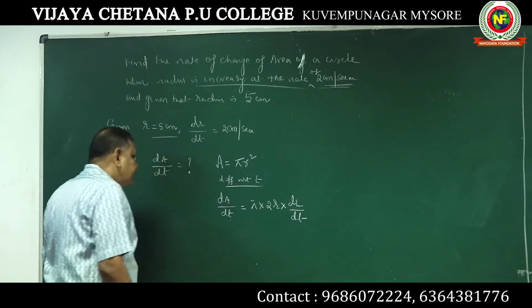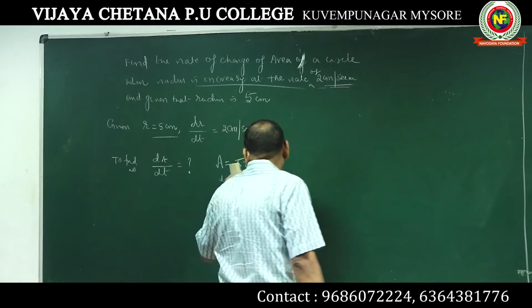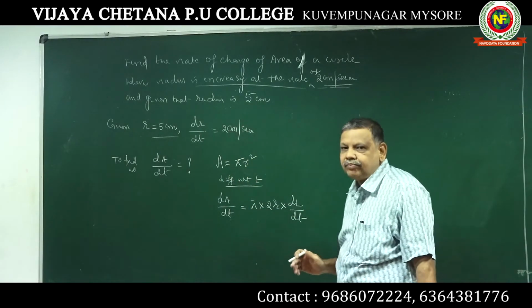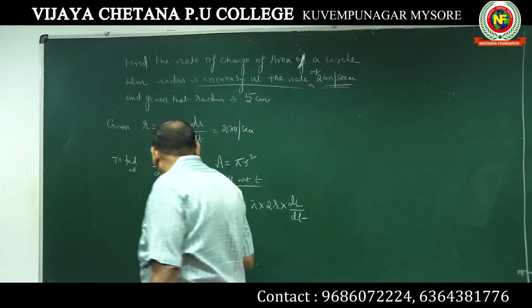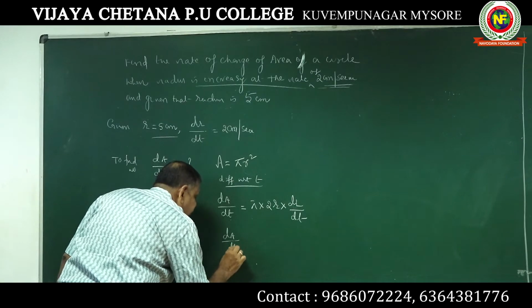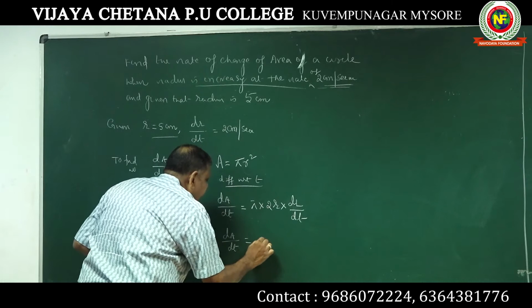Very important thing: dA by dt when you differentiate is equal to pi into 2r into dr by dt. We are differentiating with respect to the time. So dA by dt is 2 pi r dr by dt.